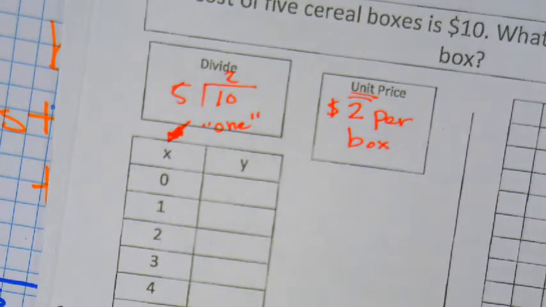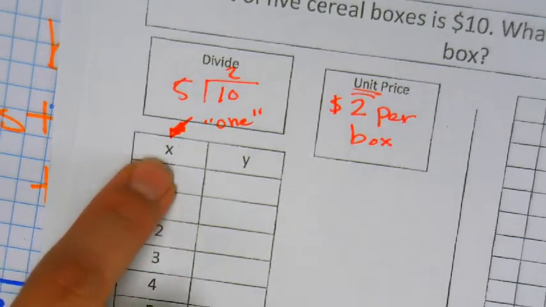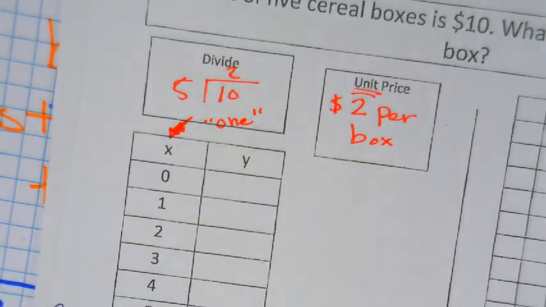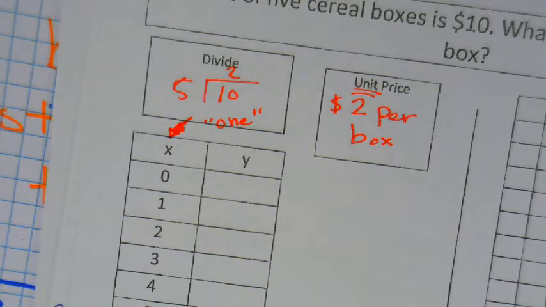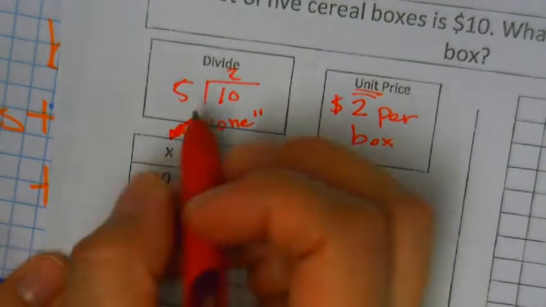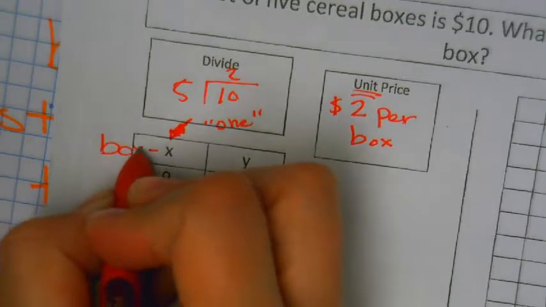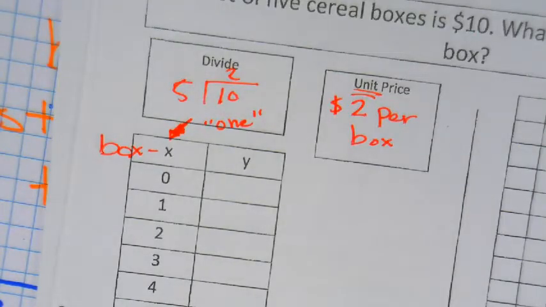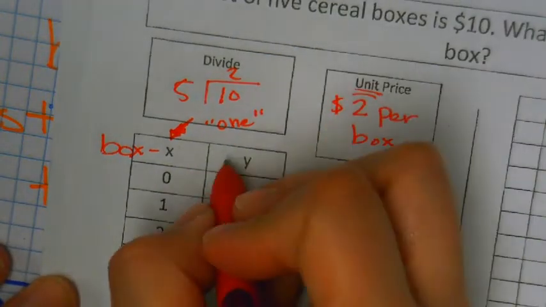So your X is, what are you solving 1 of? Quotation marks. So what are we solving 1 of? Box. So X is your box. What is Y? Money. Cost. The amount.